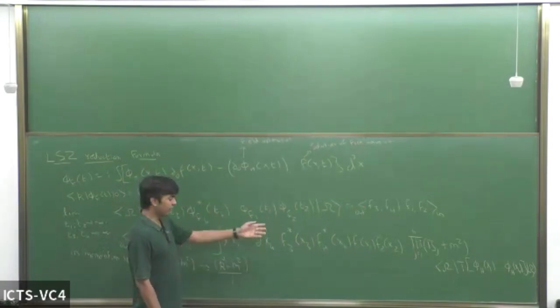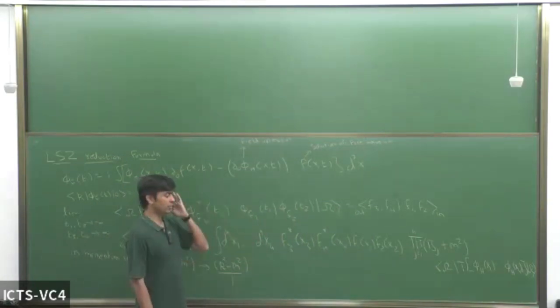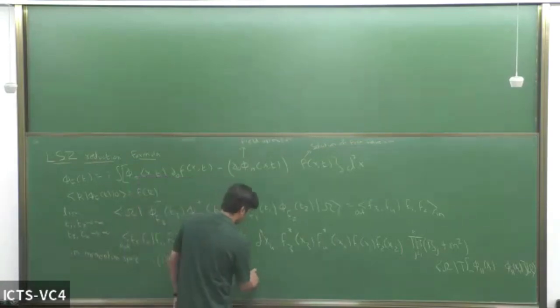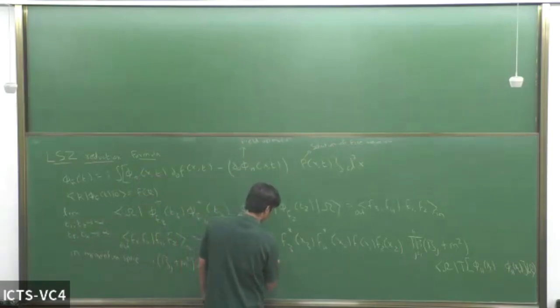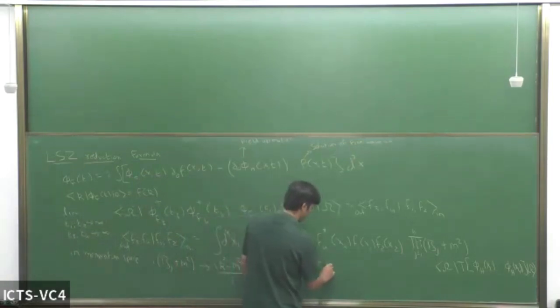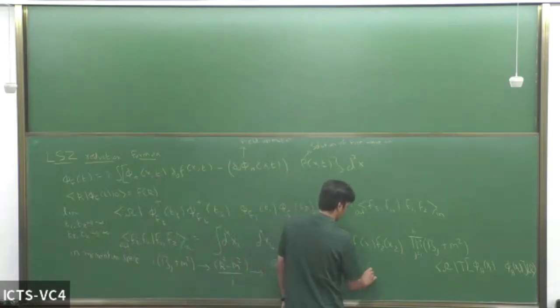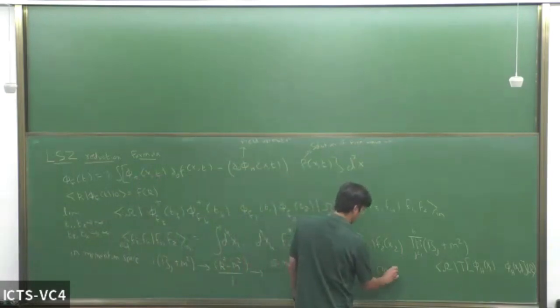And this procedure is basically just telling you to pick out the residue of the pole. So this is saying, in words, the S matrix is the residue of the pole in the Green's function.